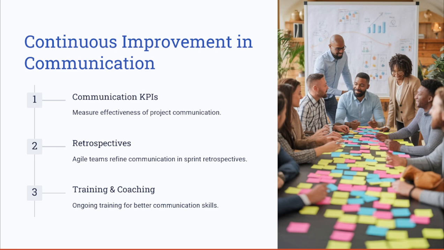So this is how you establish a KPI. For example, maybe the feedback frequency between you and the stakeholders. Also, one of these KPIs that you can implement is stakeholder satisfaction, for example, on communication. This is in terms of establishing communication KPIs.